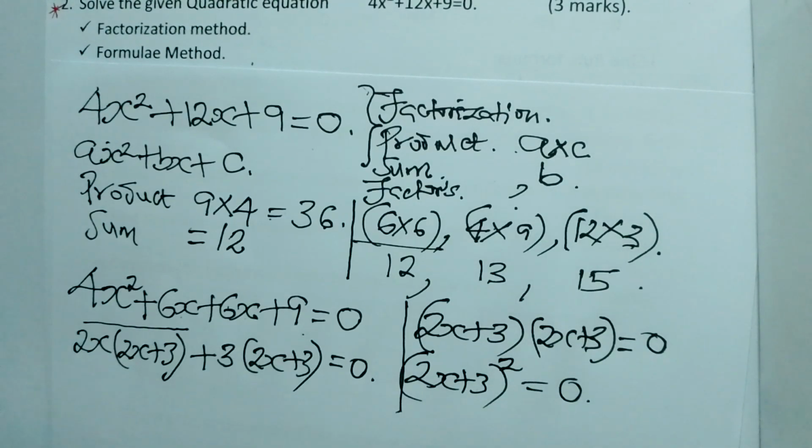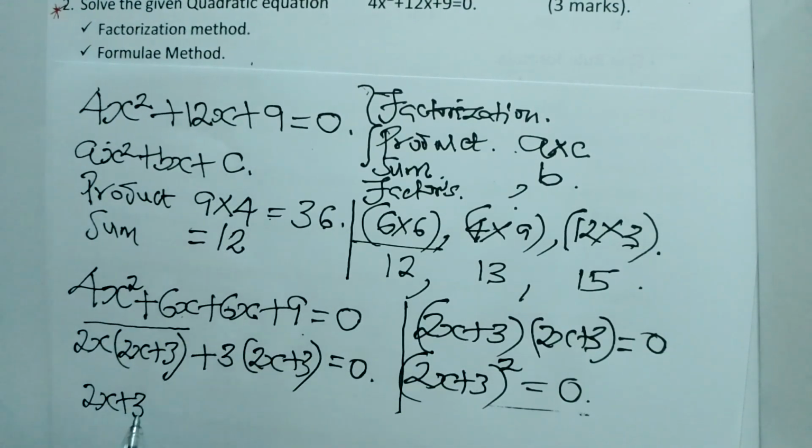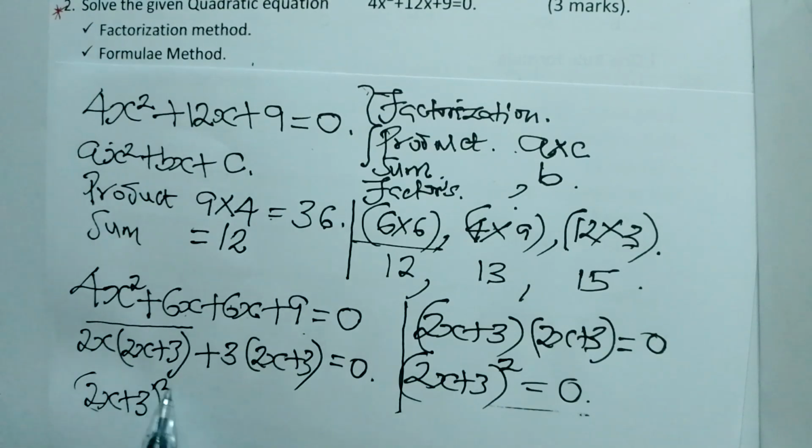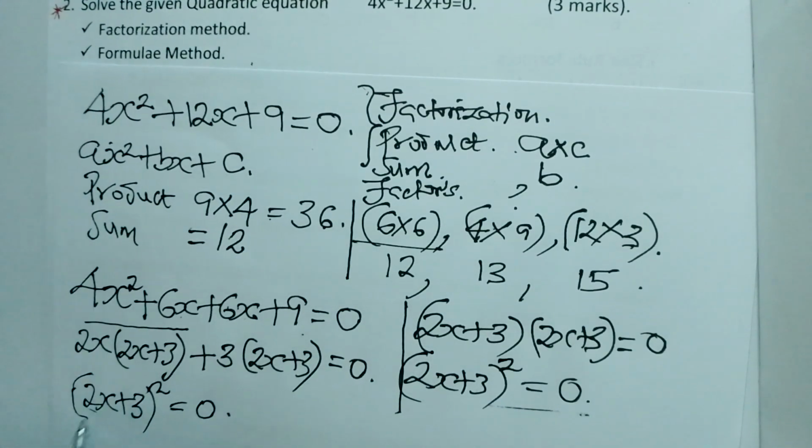Now, that equation is a perfect square. So to get the value of x, we take the square root on both sides. We take this expression, 2x plus 3 all squared is equal to 0, and take the square root on both sides.